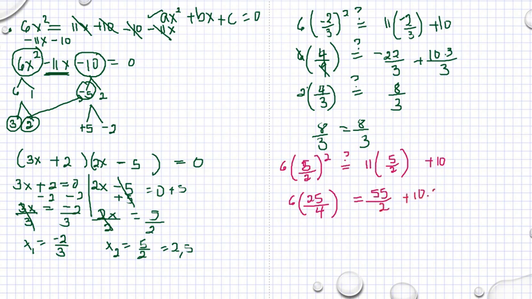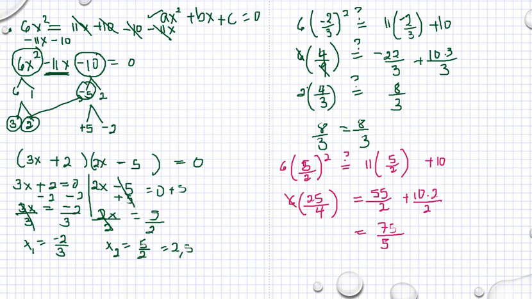So if we multiply both numerator and denominator by 2, then in this part we have 20 plus 55 is 75/2.